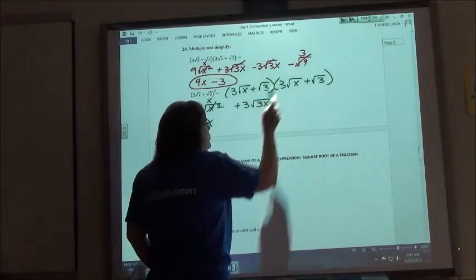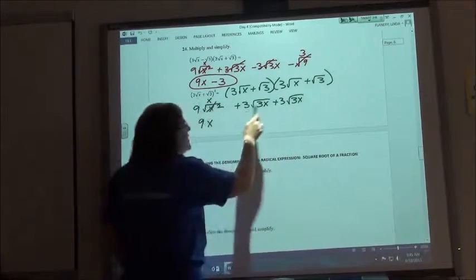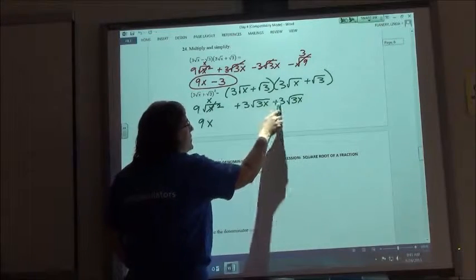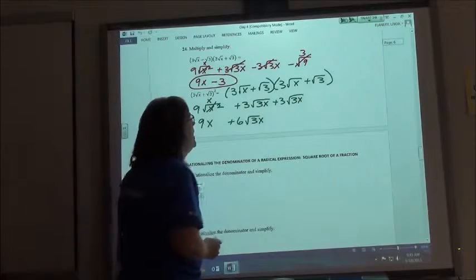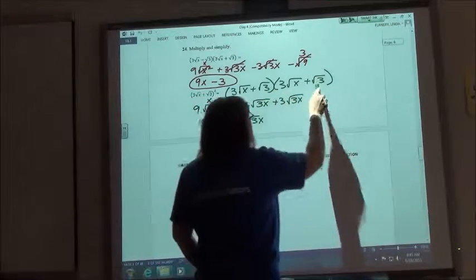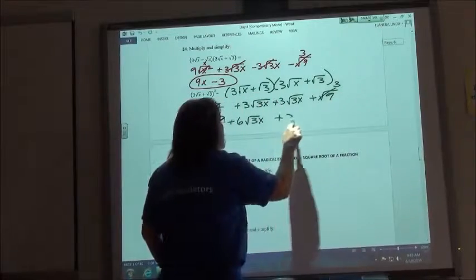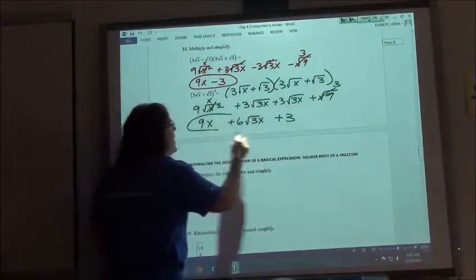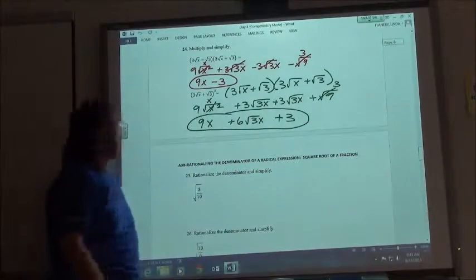Square root of 3 times 3 square root of x is another 3 square root of 3x. I should get that same thing twice. 3 plus 3 gives me 6 square root of 3x. And then my last term, square root of 3 times the square root of 3 is the square root of 9, which is just 3. So I get 9x plus 6 square root of 3x plus 3 for my answer.